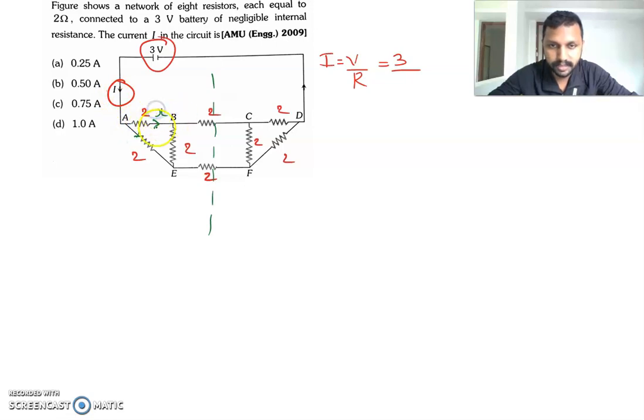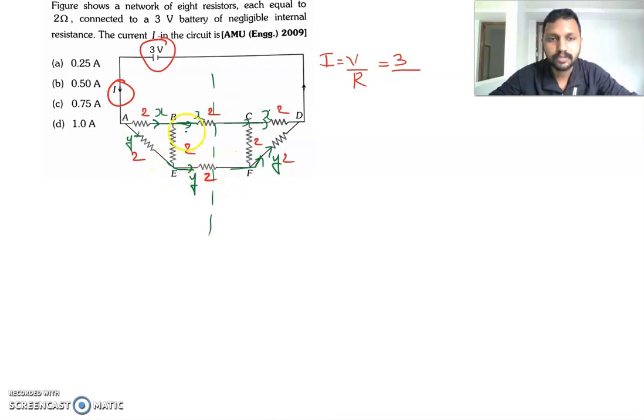Let me say this current is X and this current is Y. Ultimately this current will also be X and this current will also be Y. The X current will pass through this wire like this and reach over here, and the Y current will pass like this and move over here.